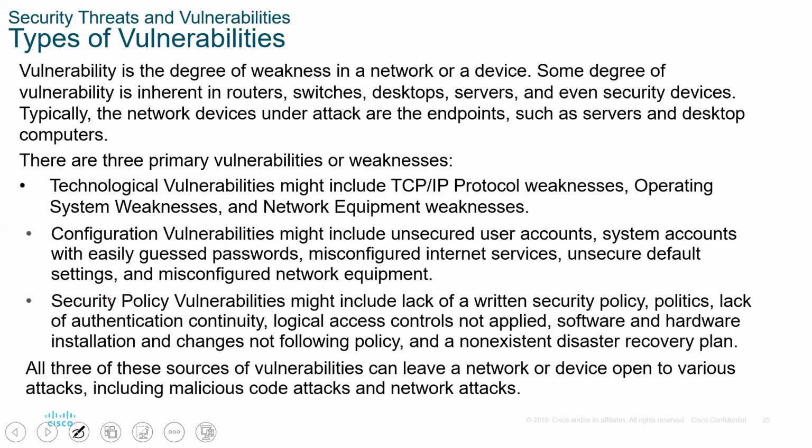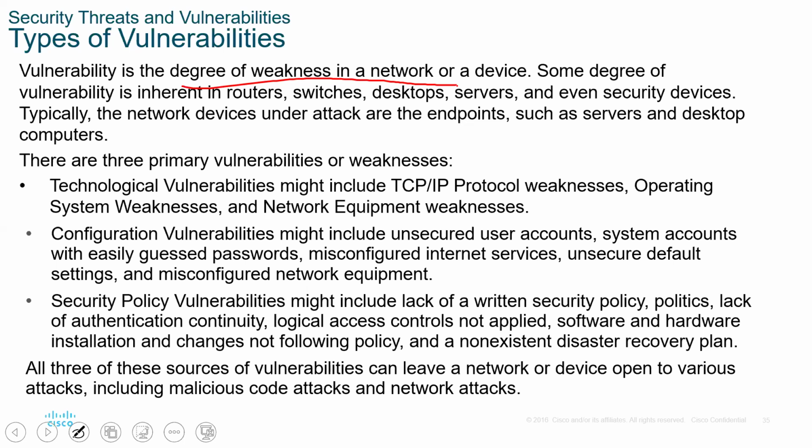Now, vulnerability is the degree of weakness of a network or a device. Some vulnerability is inherent in routers and switches, desktops and servers, and so on. We call them factory default defects or something like that.